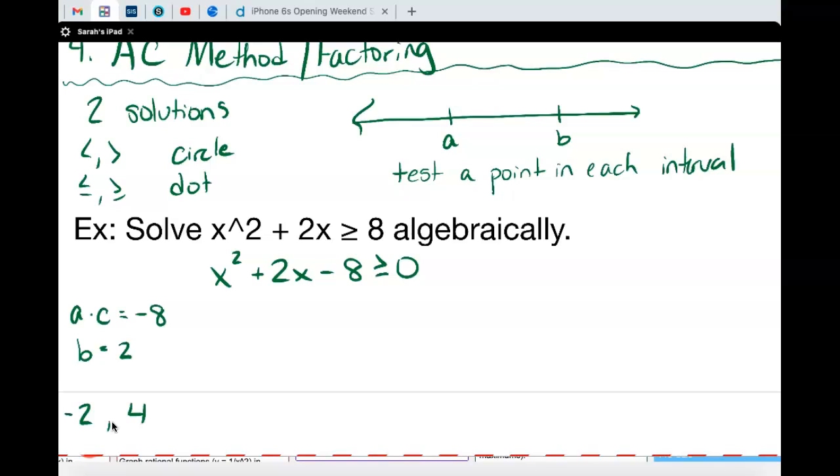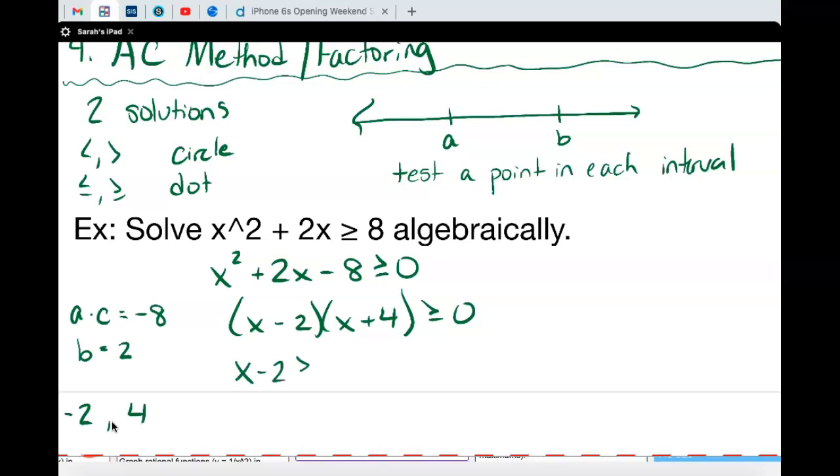Do you remember how to set up the AC method? Yeah, x minus 2, x plus 4. Since we don't have an A value, I can write it straight in factored form. If you have an A coefficient that's not 1, you have to write it in 4 terms and then split it in half. But since it's factored like this, I can set each part to be greater than or equal to 0 and solve for x.